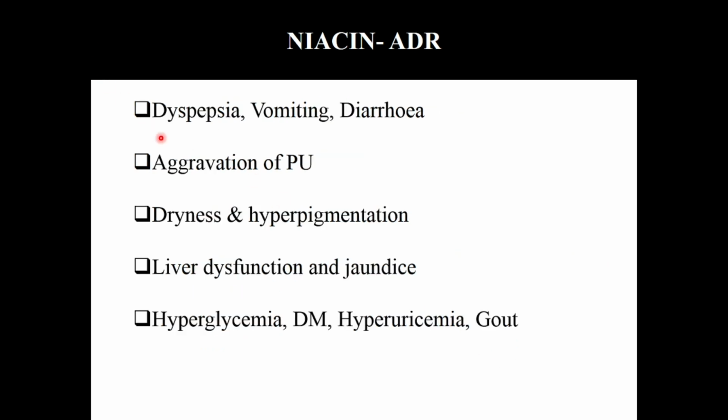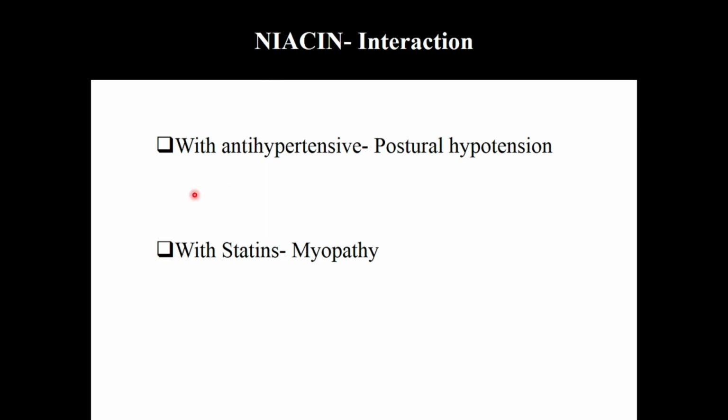Apart from this, there is development of dyspepsia, vomiting, and diarrhea, aggravation of peptic ulcer, dryness and hyperpigmentation, liver dysfunction and jaundice. Hyperglycemia, diabetes mellitus, hyperuricemia, and gout usually happen with this drug. It interacts with antihypertensives, resulting in postural hypotension, and with statins, it can also cause myopathy.